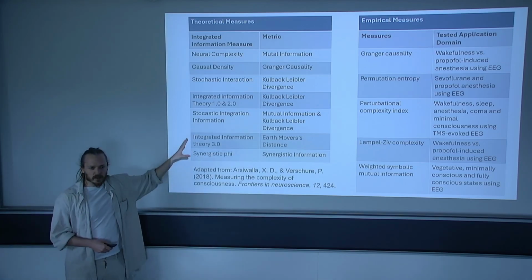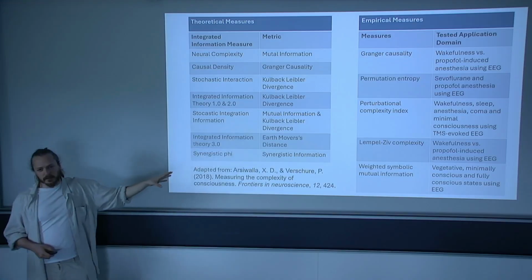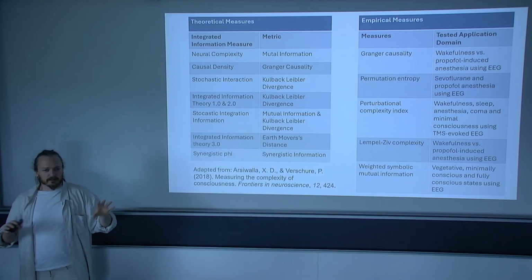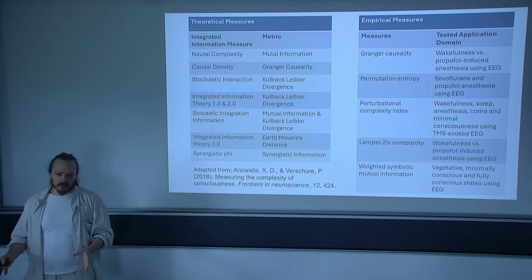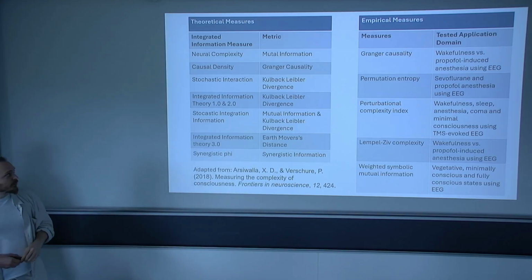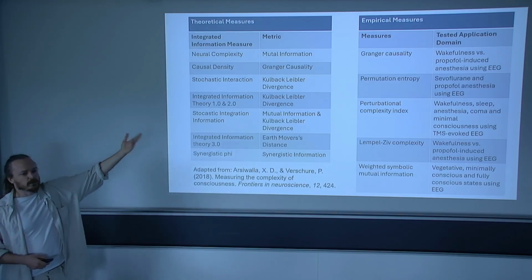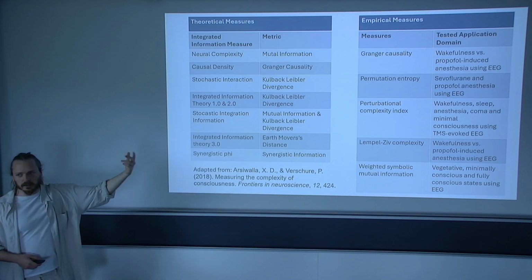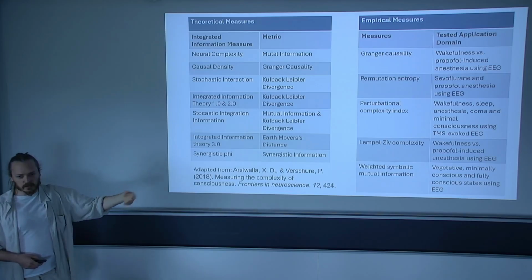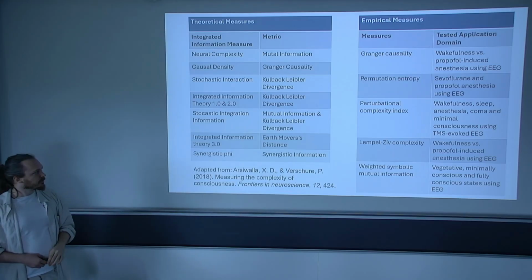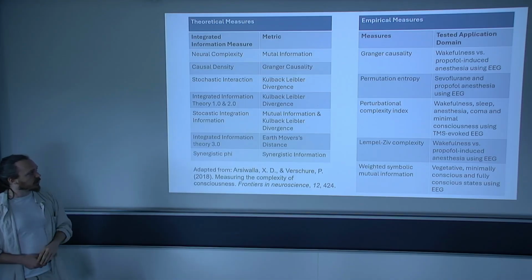Some of them are usable to some level empirically, but a lot of them are computationally intractable to actually use. And then you have some more empirical measures which you can practically use, which has been used in a lot of cases where you're looking at wakeful state versus induced states where you are unconscious. And I'll highlight some of these.